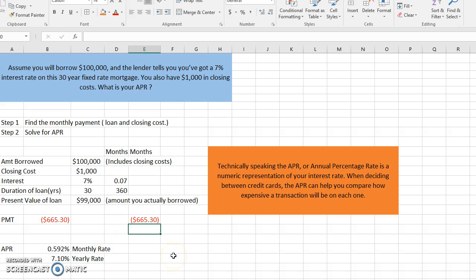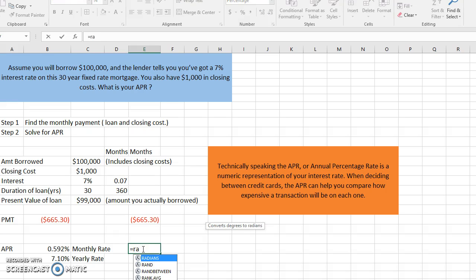Step 2. Let's calculate the APR. For us to do that, we need to use the rate function. So you go in here, say equal sign, hit your rate, double click. It's going to ask you for the number of periods once again. We know it is 360 right here, comma.